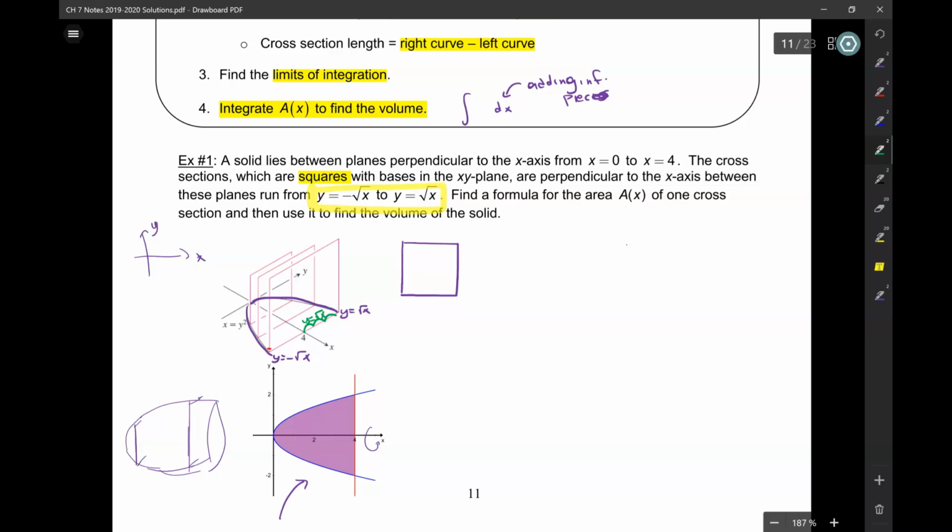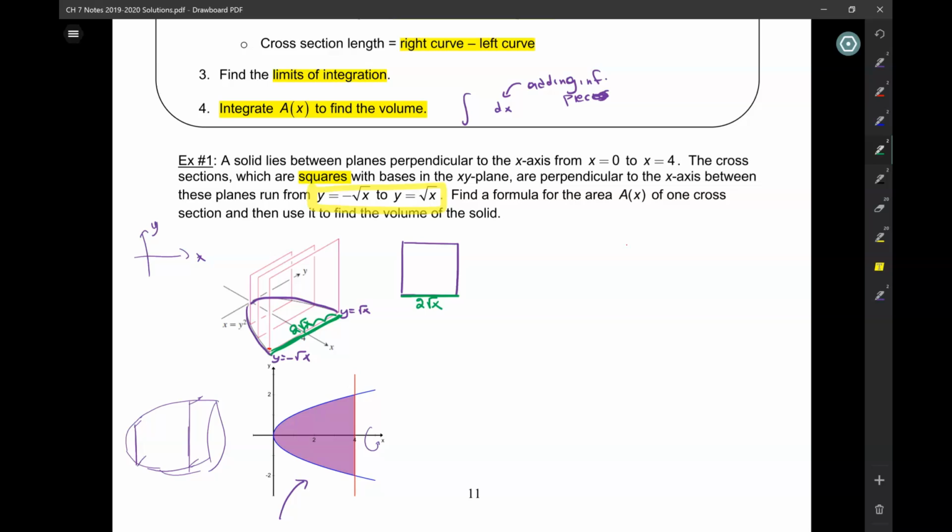That means this green side is how much? That's 2 root x. It's like I have taken this square with the green side and transported it here.